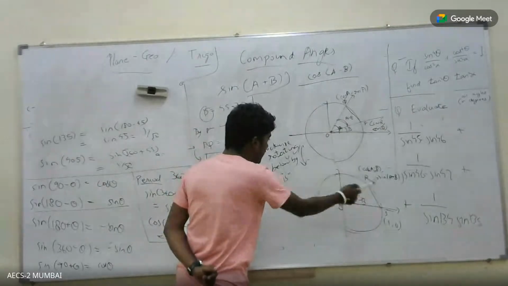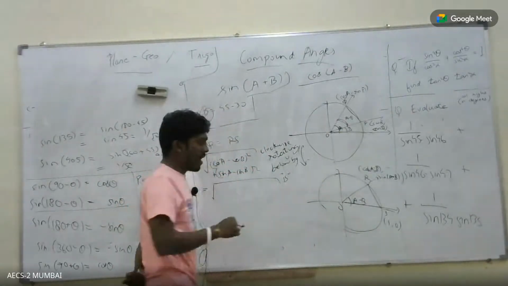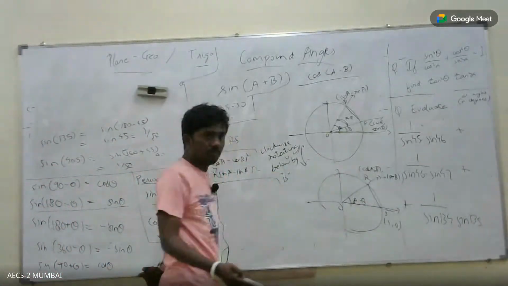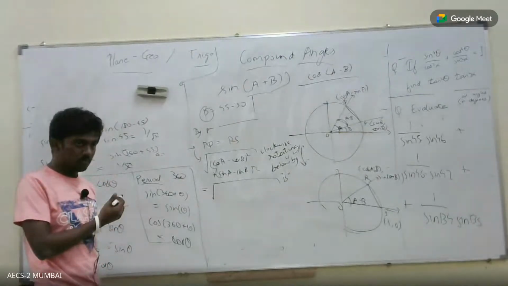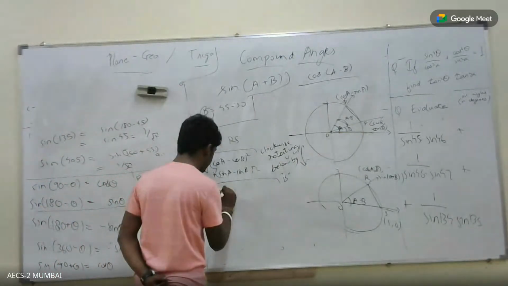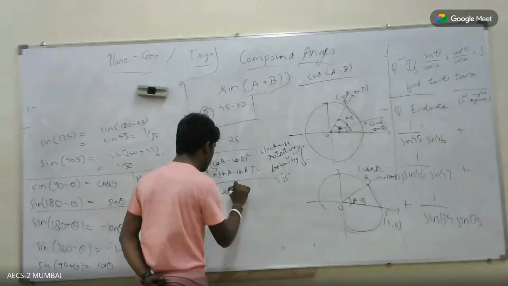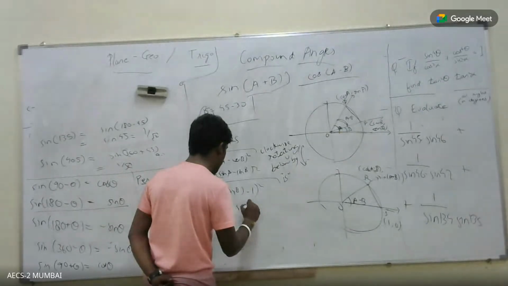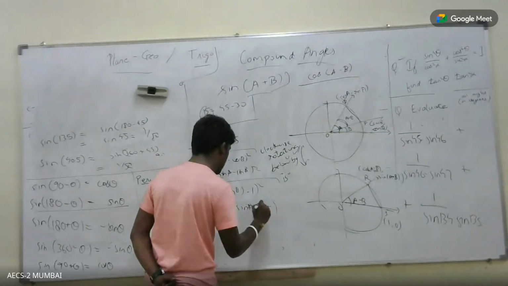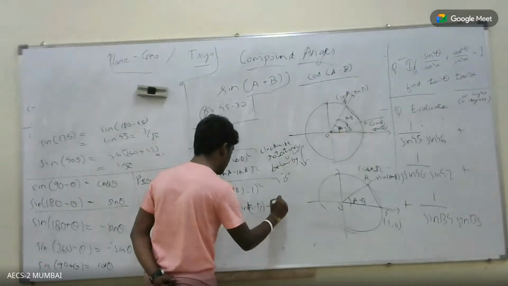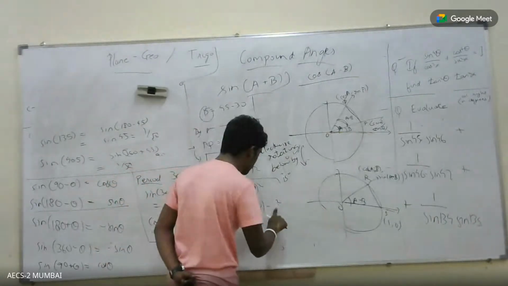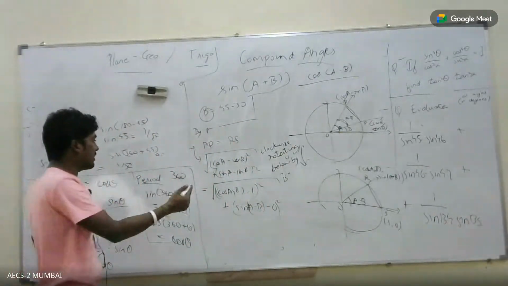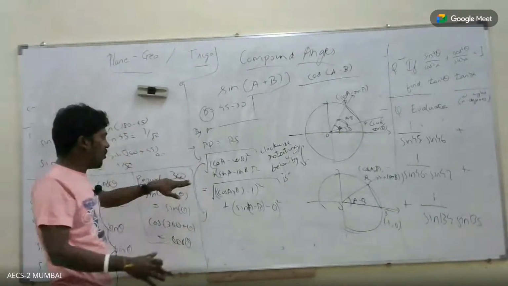Distance formula: (x1 minus x2) the whole square plus (y1 minus y2) the whole square, with points cos A minus B, sin A minus B and 1, 0. So (cos A minus B minus 1) the whole square plus (sin A minus B minus 0) the whole square. Correct?